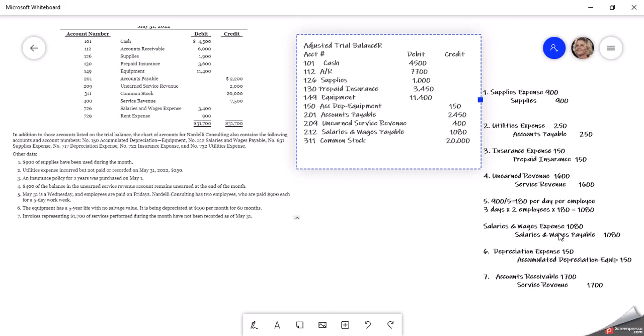All right, so that's 20,000. Then we get into our service revenue.